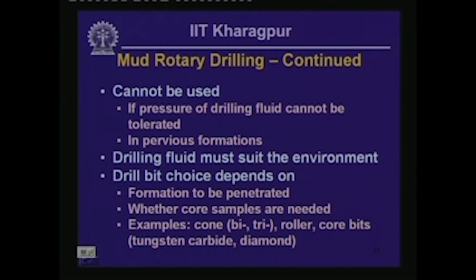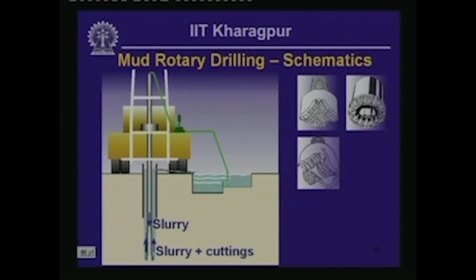You also have to make sure that you use a drilling fluid which suits the environment and does not cause any damage to it. The drill bit varies quite a bit depending on the formation to be penetrated and whether core samples are to be obtained or not. Some examples are going to be seen in the next sketch.